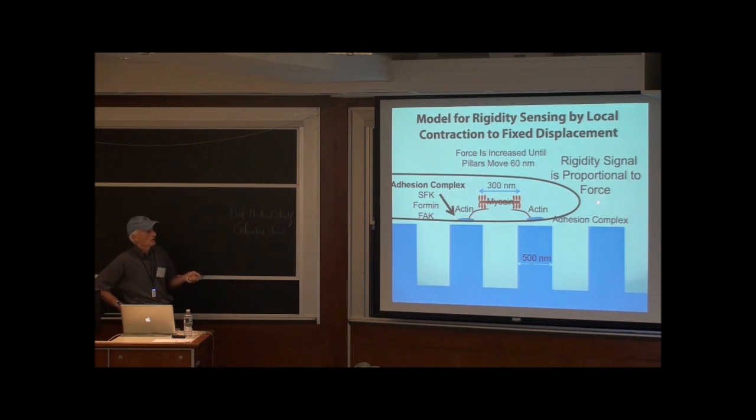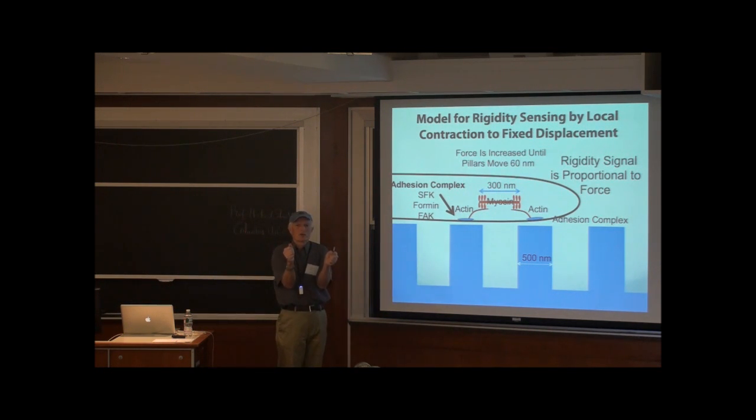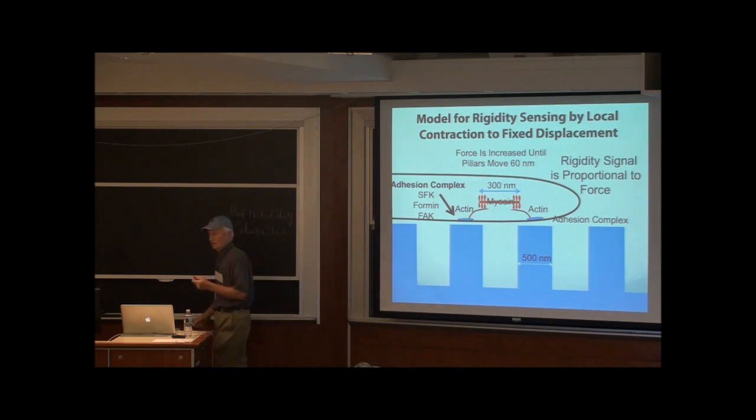It may be a digital system where you simply measure the number of these contractile units, and that is the trigger, i.e. a unit force, something unfolds, and if it unfolds, it sends the rigidity signal, and the rigidity signal now causes an adhesion to be built on this site. Okay.